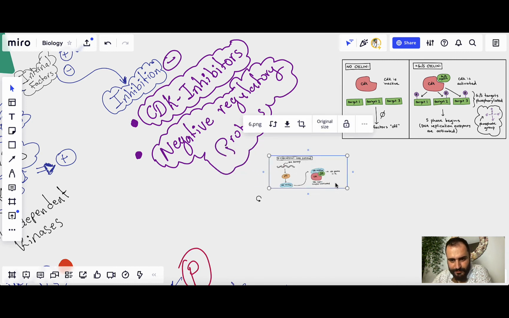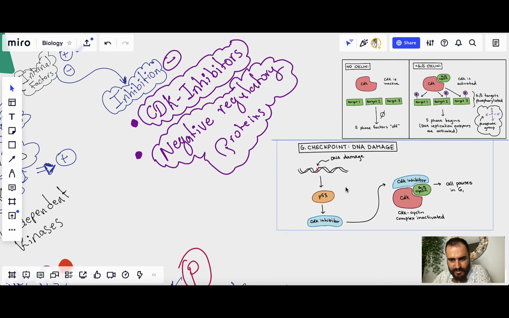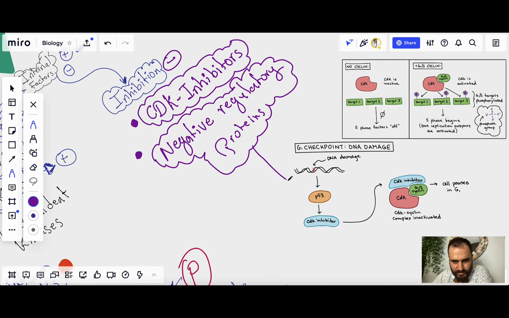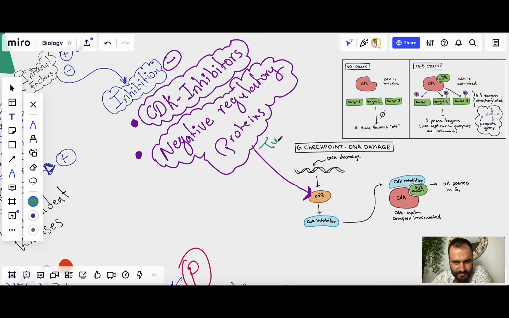Now, how do negative regulatory proteins work? P53 is an example of a negative regulatory protein. We call it P53, and it has another name, tumor suppressor protein.